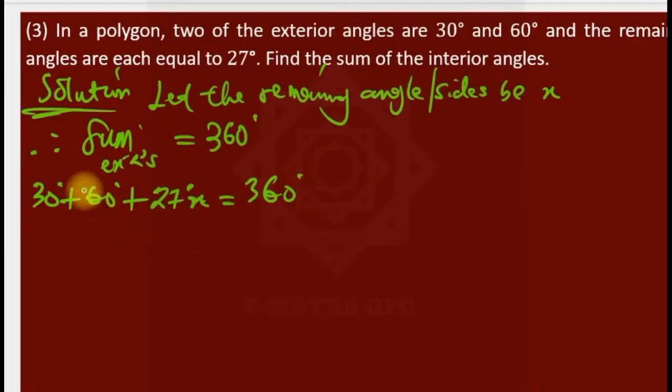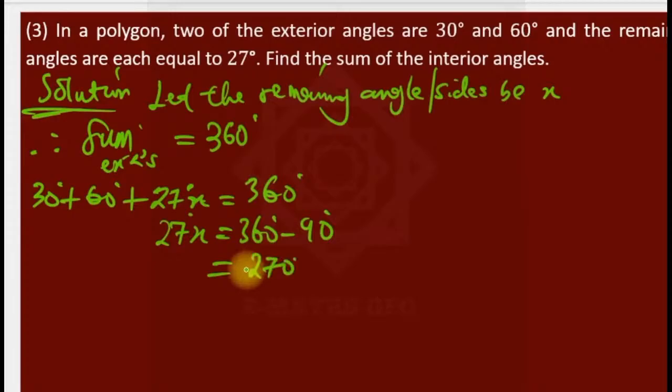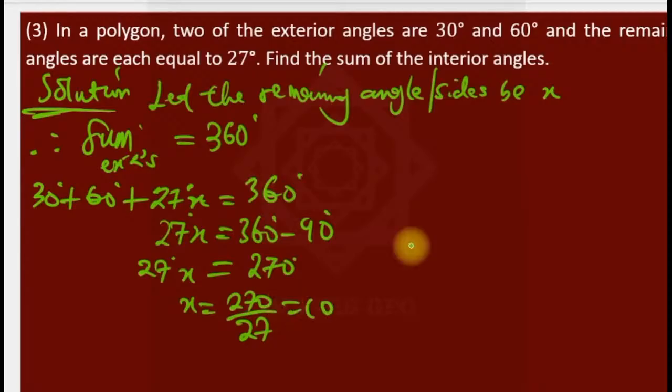So this 30 plus 60 is 90. So we have 360 minus 90, and 360 minus 90 is 270. So 27 degrees x, so x is now 270 over 27, which is 10. So the remaining sides are 10.